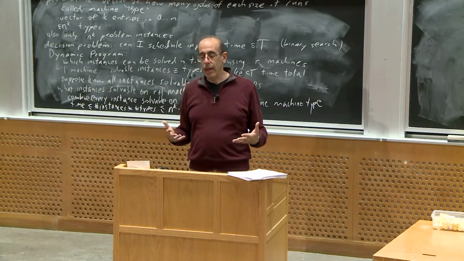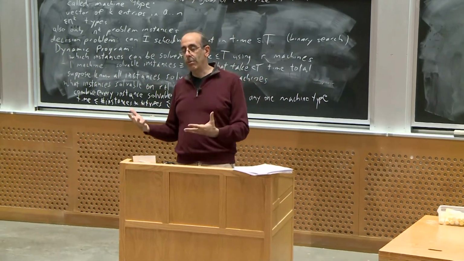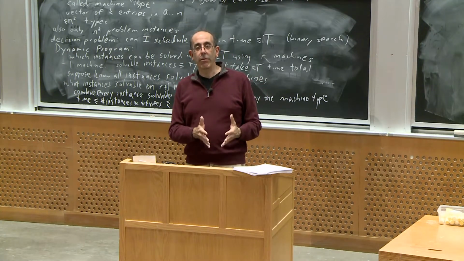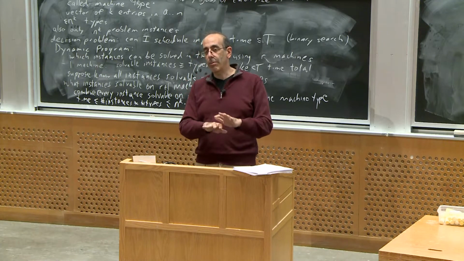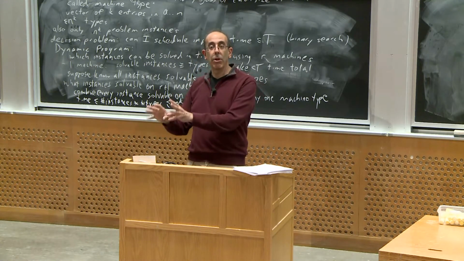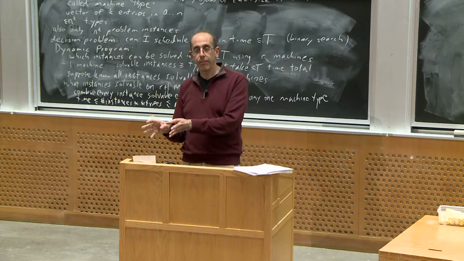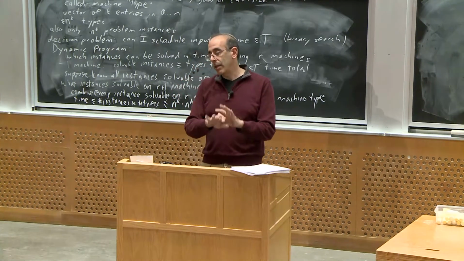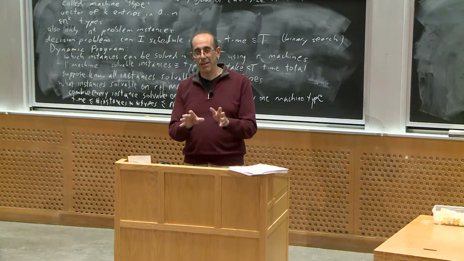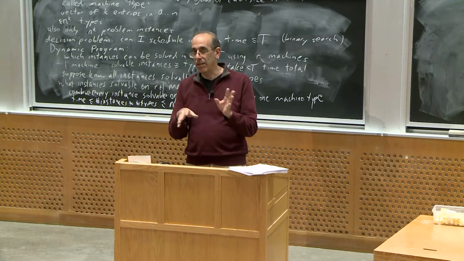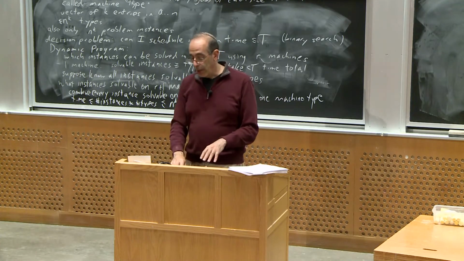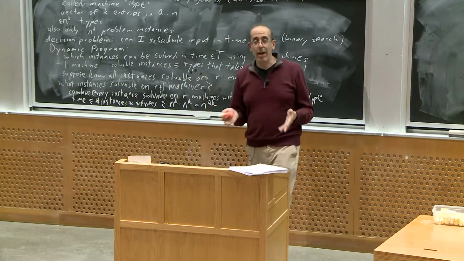So what we do instead is, to figure out how to solve jobs on three machines, we know that the first two machines solve a subset of the jobs. So let's look at all of the subsets of jobs that can be solved on two machines and combine each of those subsets with one more machine. And the point is that the number of instances that can be solved on two machines, an instance being just a collection of job sizes, is less than the total number of possible instances.